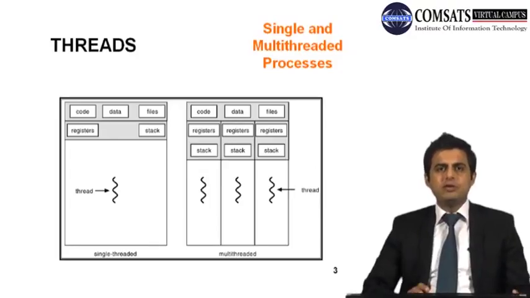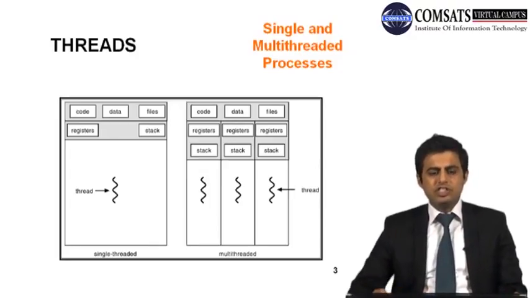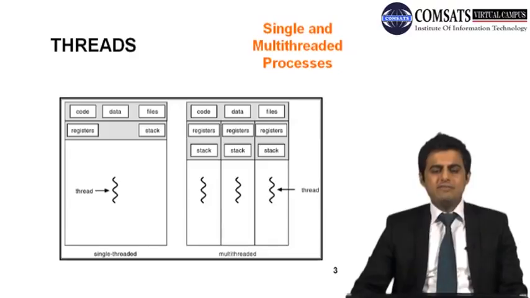If you talk about processes, they all share code, data, files, registers and stacks. But threads each have their own registers and stack, while of course they share code, data, and files.